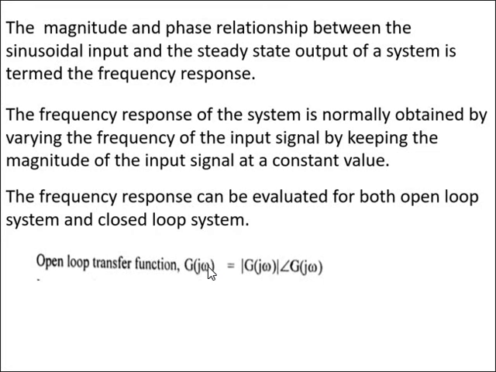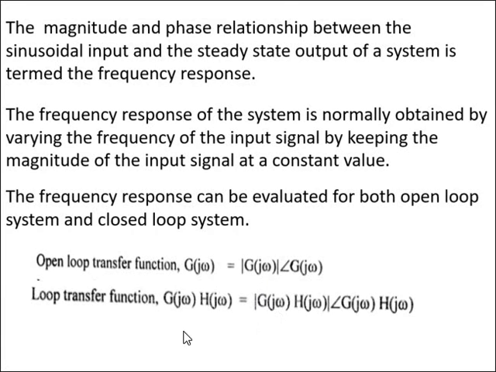Up to now we are taking representations as H of s, G of s, like that. In frequency response, s can be treated as j omega. So G of s is nothing but G of j omega. So s can be represented in terms of j omega in the frequency response analysis. It is a very important point.